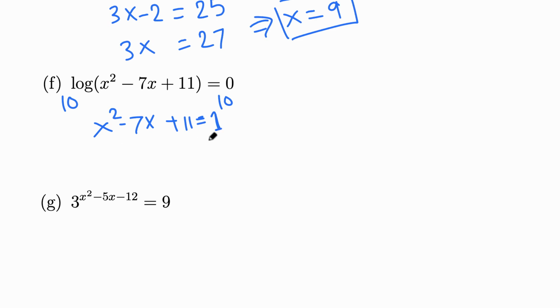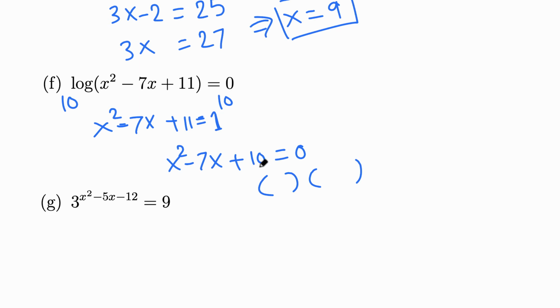Now we have a quadratic equation, so we must make the right-hand side 0 to solve, and we are going to get 2 answers. Subtract 1 from both sides, which gives x squared minus 7x plus 10 equals 0. Once we make it 0, we can factor the polynomial on the left.